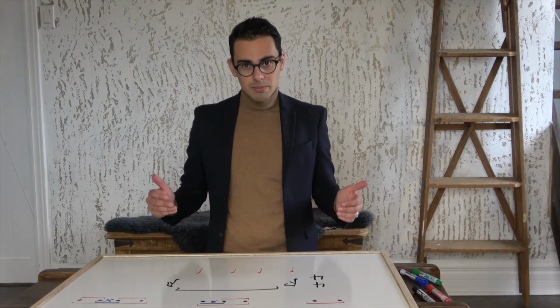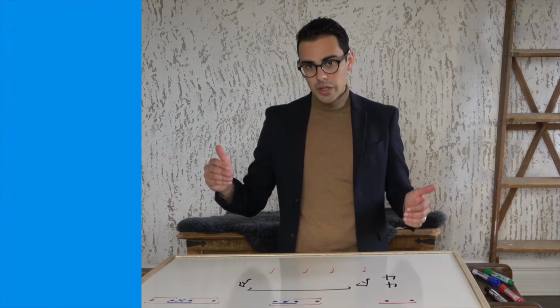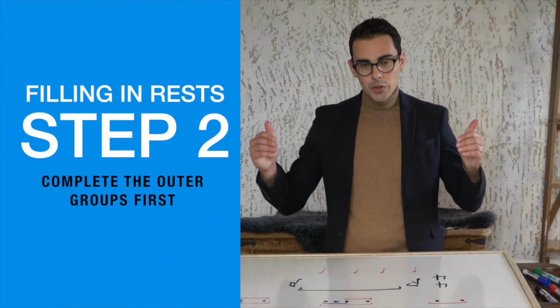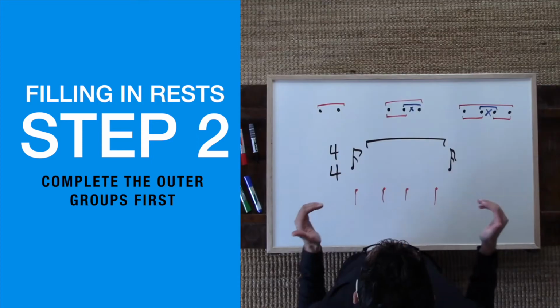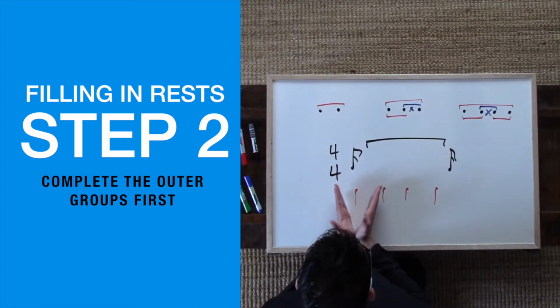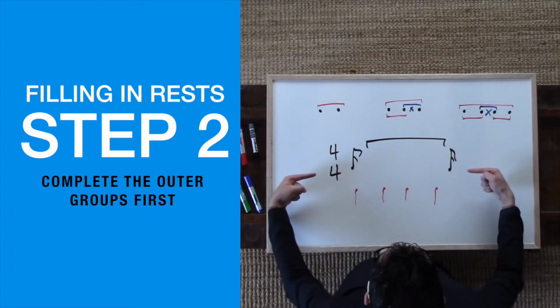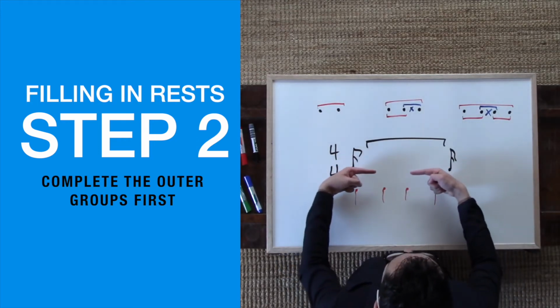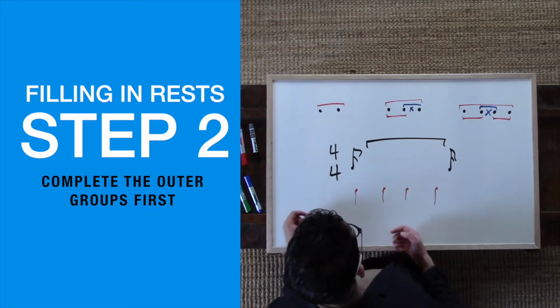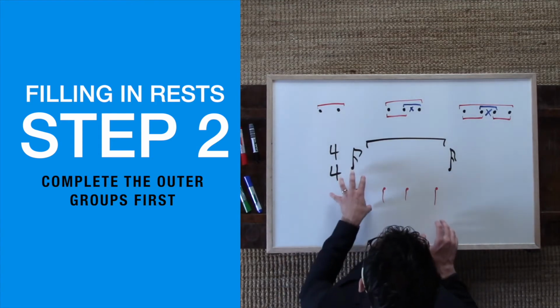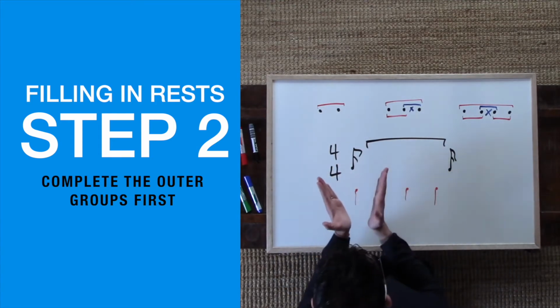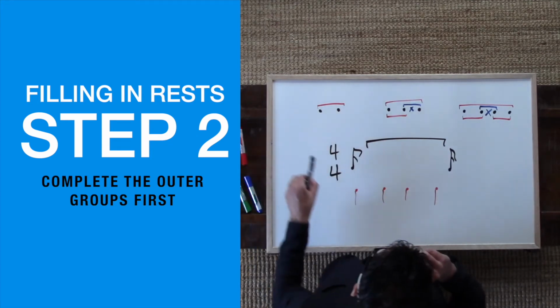Now, step 2 is to finish the outer groupings first, okay? So we need to finish this grouping first and that grouping first. Don't worry about the middle. Whenever we're doing these questions, we always work from the outsides in, okay? It doesn't matter whether it's this group first or that group first, as long as we're going outside in. Let's start with this group first.